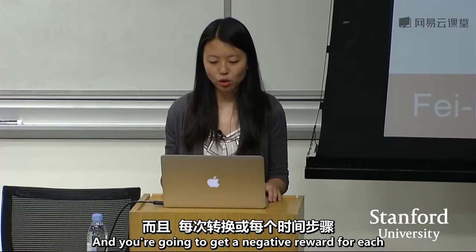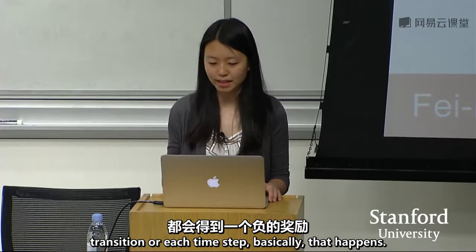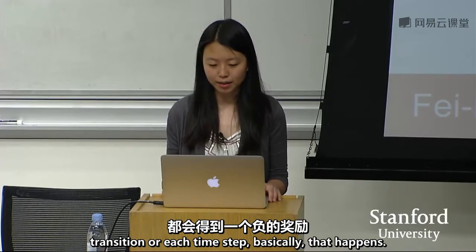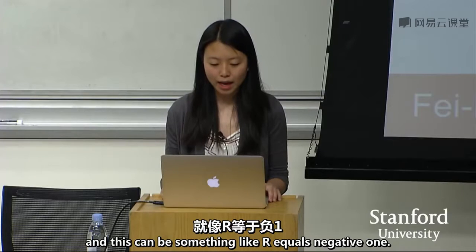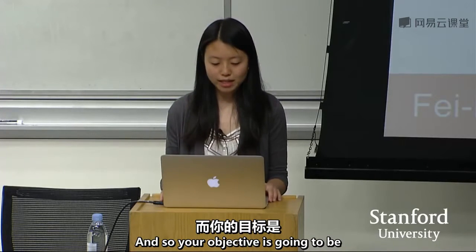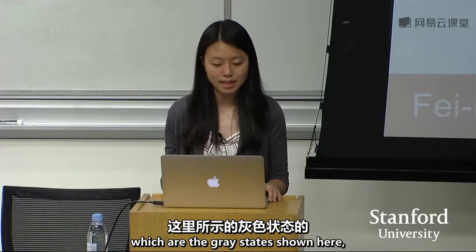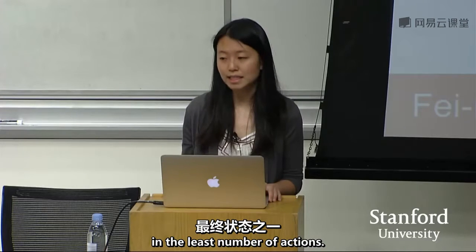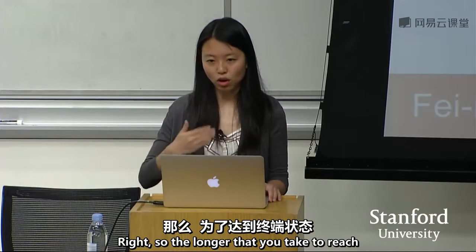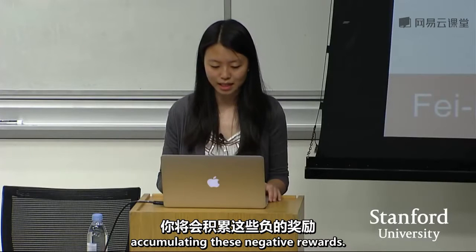You're going to get a negative reward for each transition, or each time step, basically, each movement that you take. This can be something like r equals -1. And so your objective is to reach one of the terminal states, which are the gray states shown here, in the least number of actions. The longer you take to reach your terminal state, the more you keep accumulating these negative rewards.